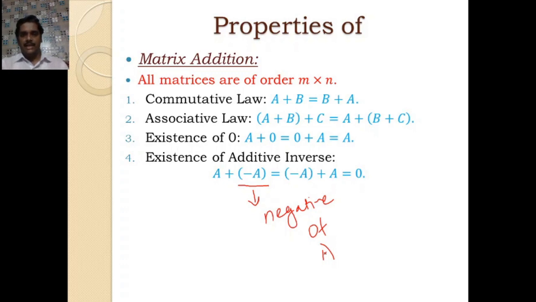If you add a matrix with its negative, you will get 0. And this 0 is again not a real number 0. This 0 is nothing but the null matrix of order m by n. So if you add a matrix with its negative, that will give you 0, a null matrix. That we understand by this property.